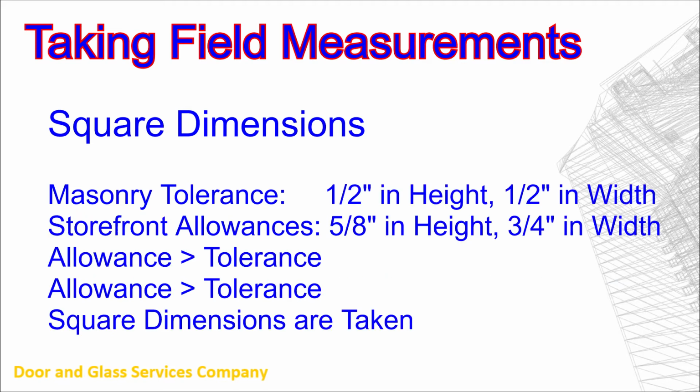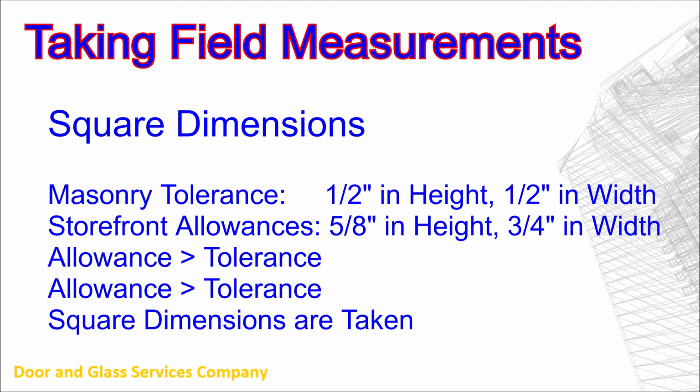Continuing with this example, our masonry tolerance allows a 1/2 inch in the height and a 1/2 inch in the width. Our storefront allows 5/8 in the height, which is greater than the 1/2 inch tolerance for the masonry opening, and it allows 3/4 of an inch in the width, which is also greater than the width tolerance for masonry, which is only a 1/2 inch.